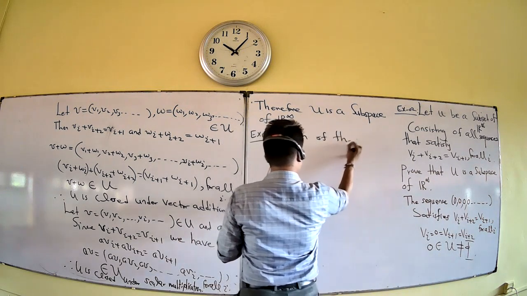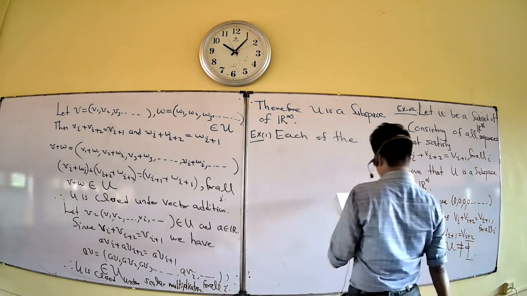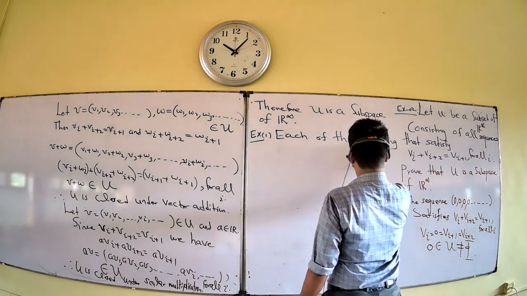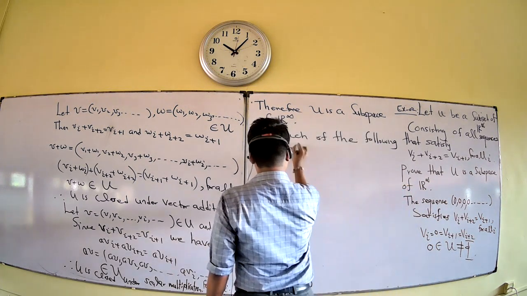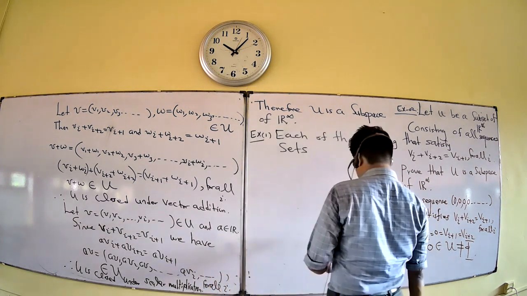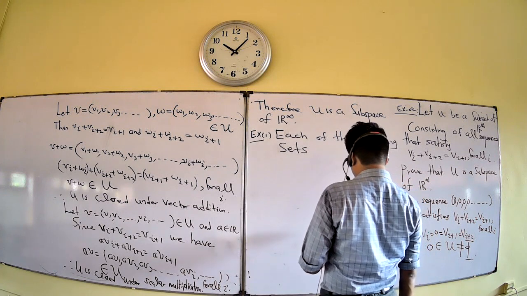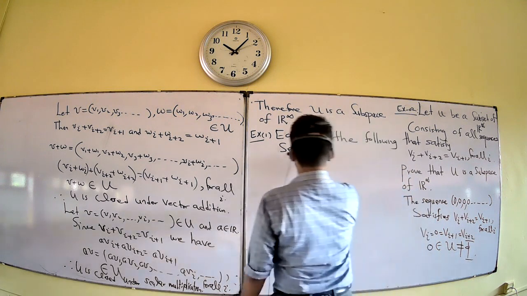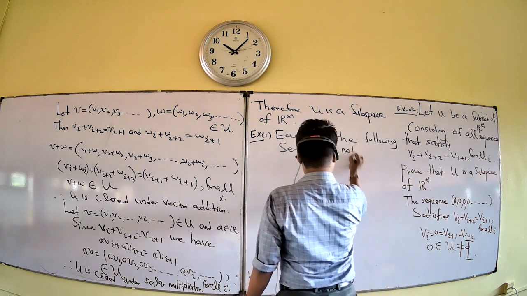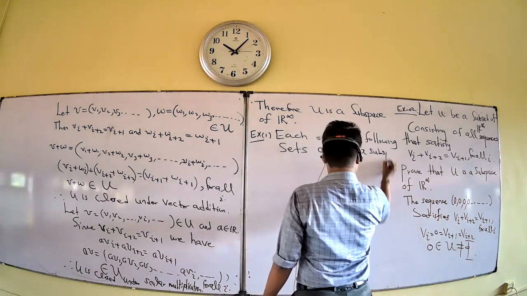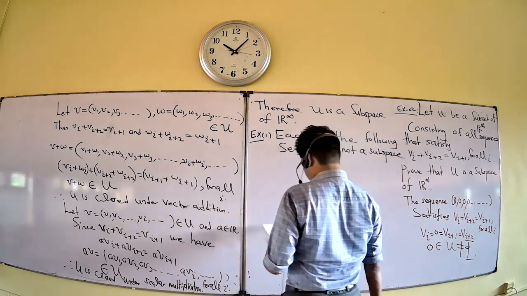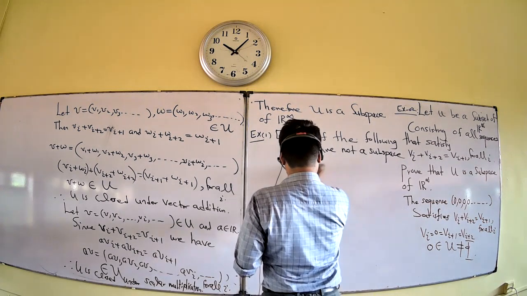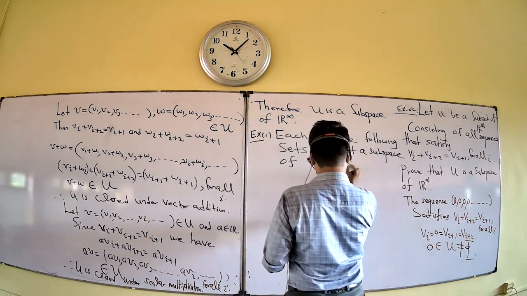Each of the following sets is not a subspace of the specified vector space.